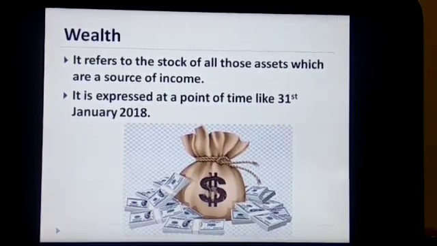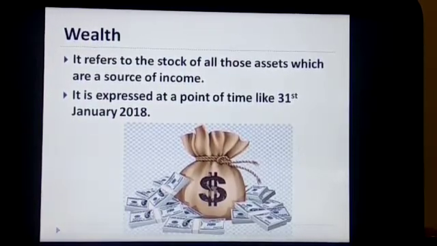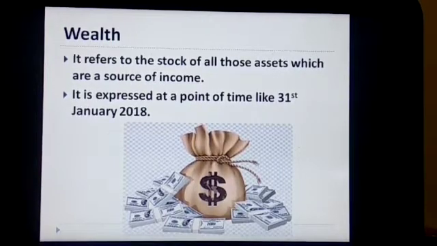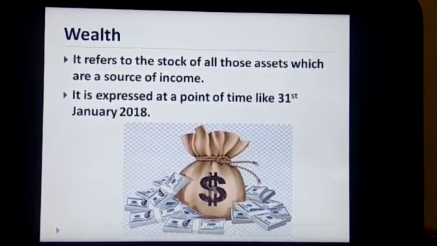Suppose I have a building, that building is going to give me rent if I give it on lease. So that asset is generating some income for me. In the same way, if I sell the jewelry, I'll be getting some money. So jewelry is also a source of income for me.